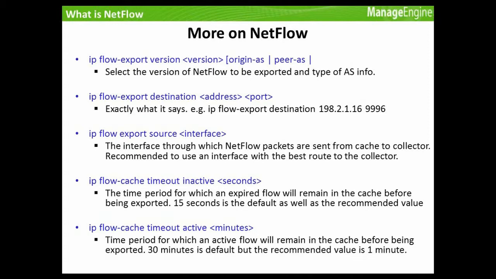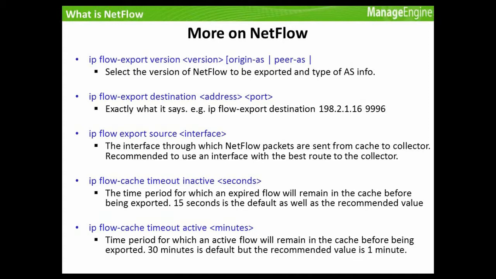In addition to that, you can also include origin AS or peer AS. Origin AS shows you the original autonomous system that was sending the traffic and the final endpoint AS, whereas peer AS shows you the immediate peer AS numbers, that is the source as well as the destination. So that sort of AS info is available.